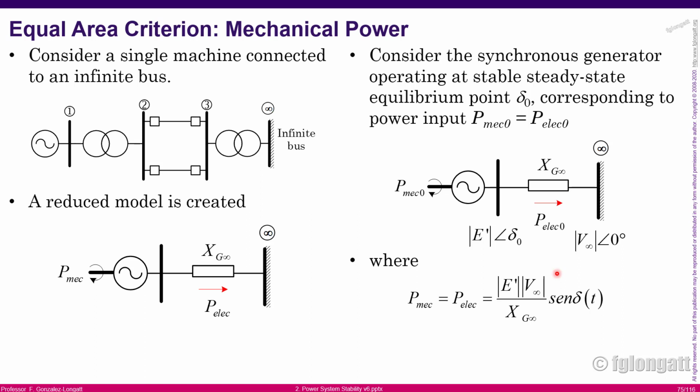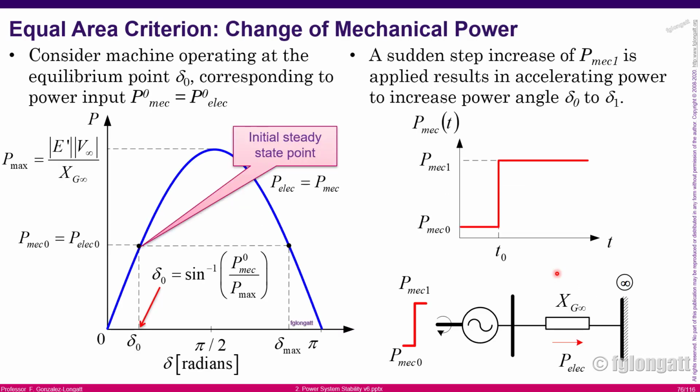And to clarify again, this is a lossless power system. I mean, resistance equals zero, and also there is no capacitive susceptance over here. Well, let's start with something simple. Imagine that we have the system working in a steady state.